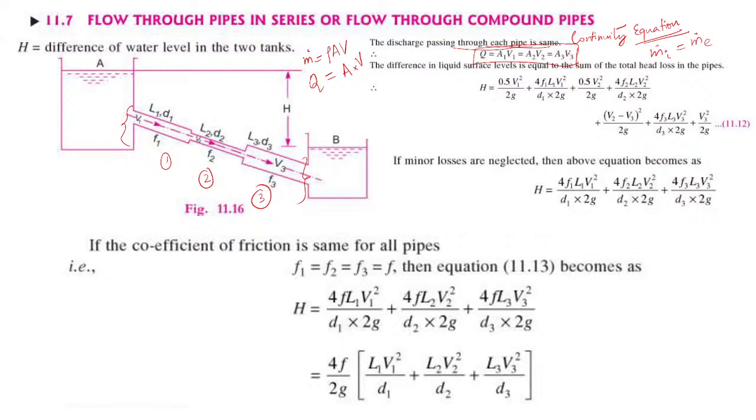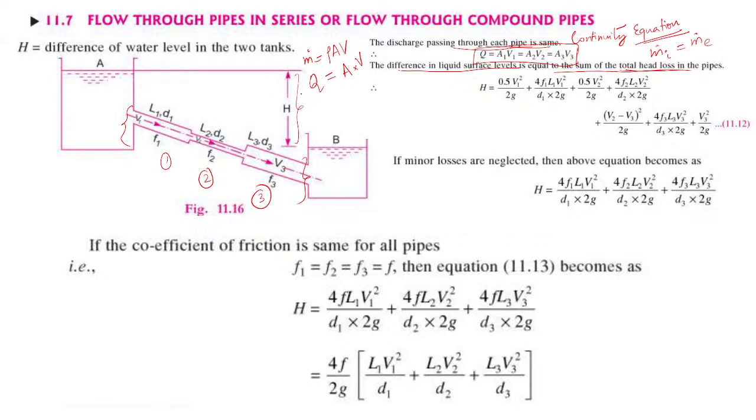Now this is fine. Next, the difference in liquid surface level is equal to the sum of the head losses. This is a very important statement that they have mentioned here. Whenever you have a question about obtaining the total head loss in a pipe, you might get confused about what H is. H is the difference of water level, or the total head loss.